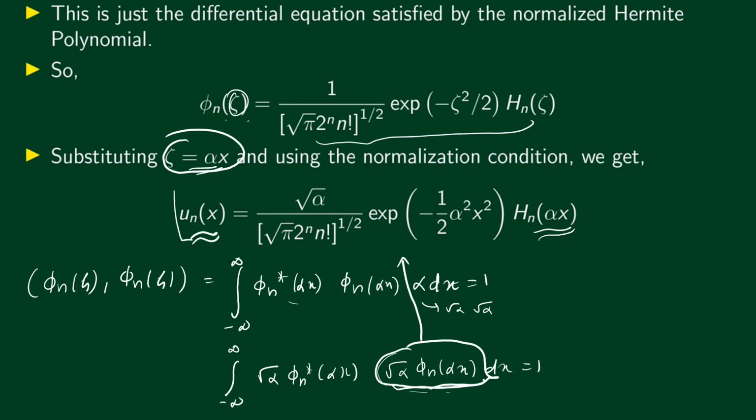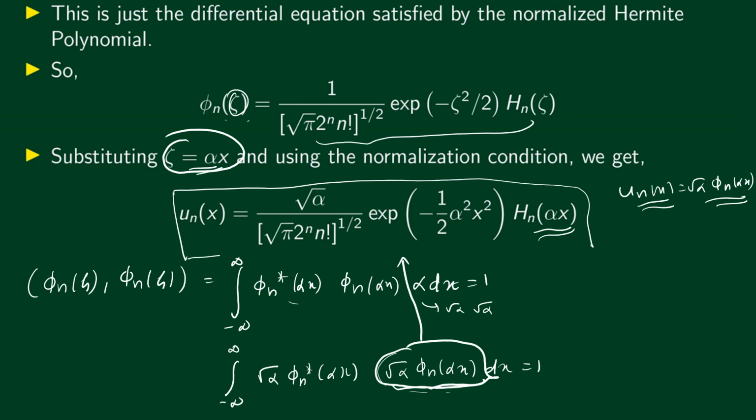So un of x is equal to square root of alpha phi n of alpha x. This normalized function of x we call the energy eigenfunctions. So we have found the energy eigenfunctions.